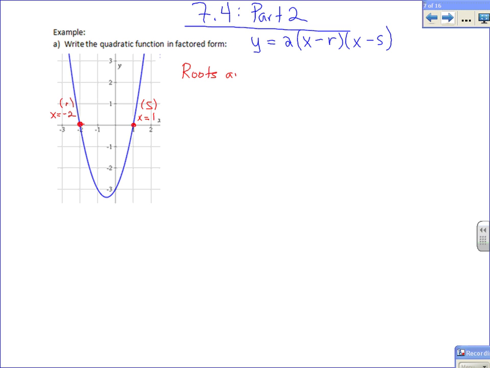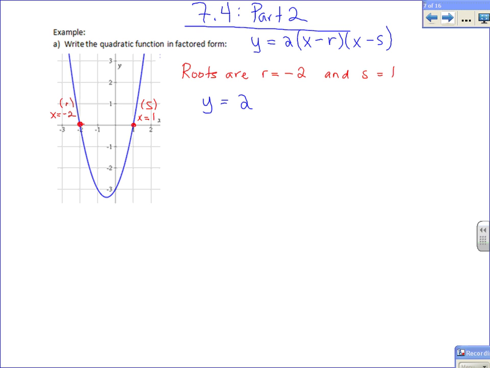My roots are r is equal to -2, and s is equal to +1. Those are my two roots. I can substitute those values right away into my factored form equation. So far I have in factored form y is equal to a.